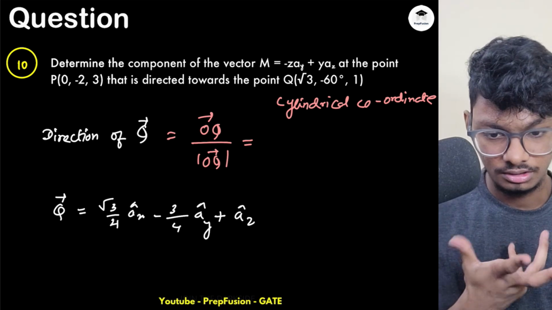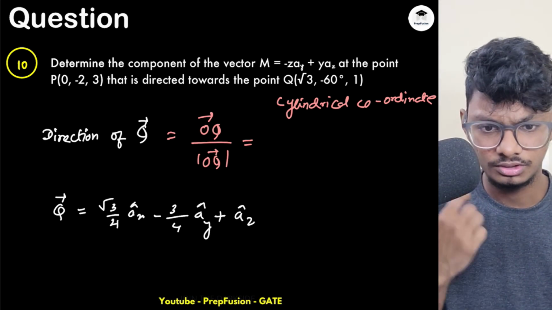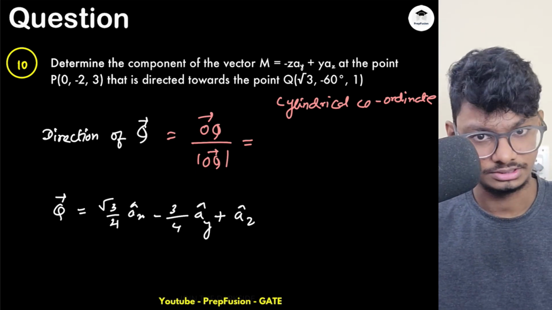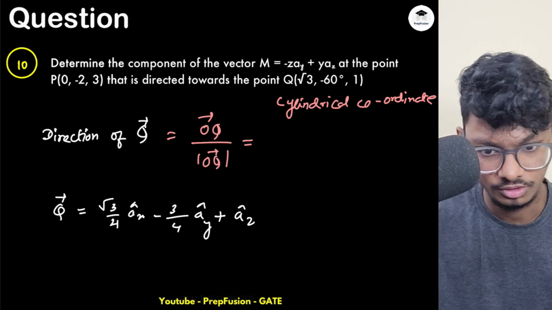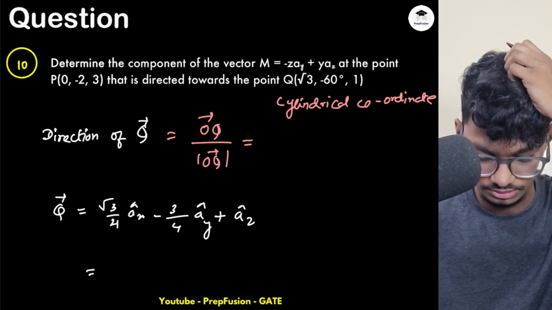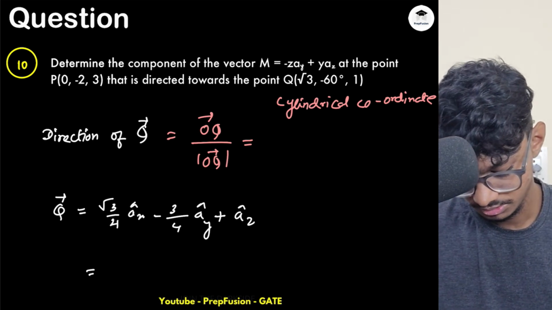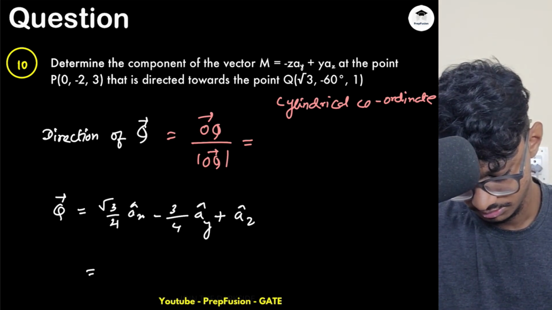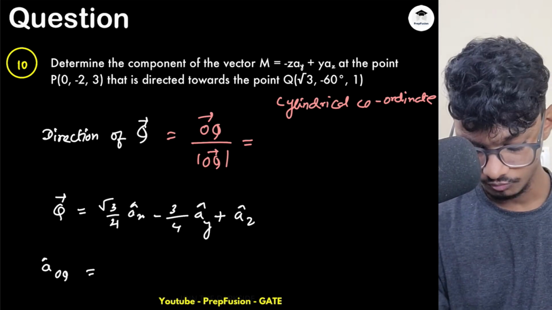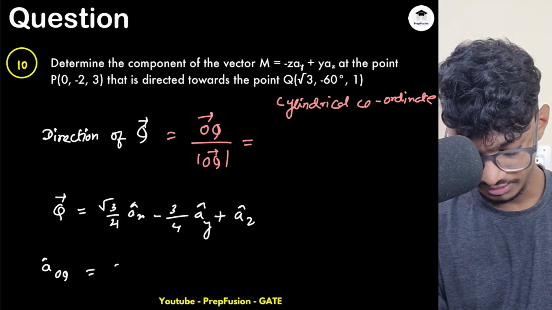Now if I simply want to write the OQ direction, what will the unit vector be?